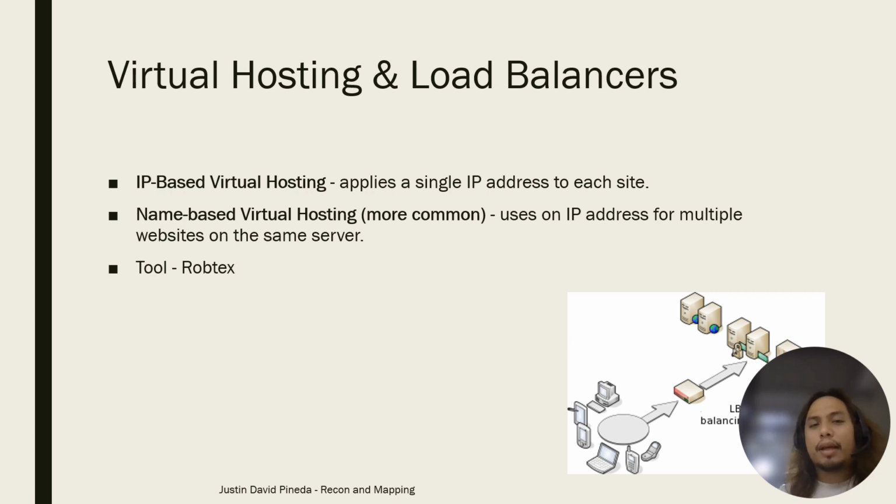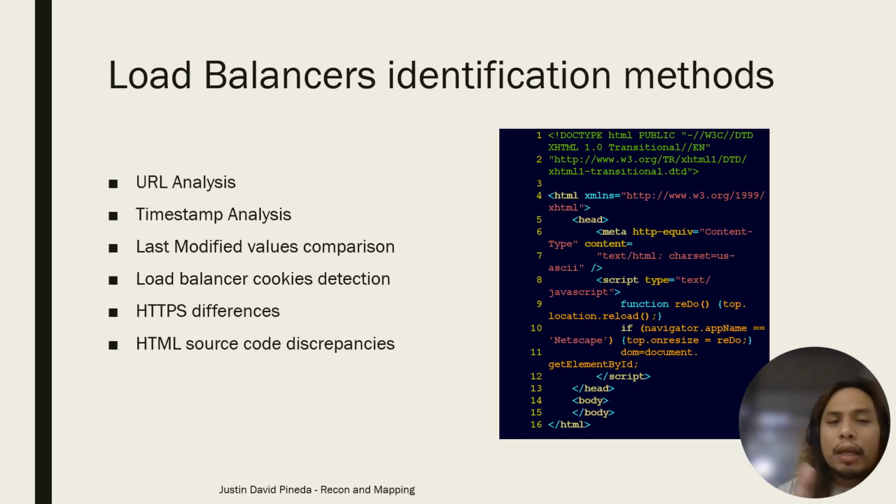So that's another one. Now, the other issue would be load balancers. Usually you can get this information when you do your questionnaire, and the customer will tell you that they are using load balancers.